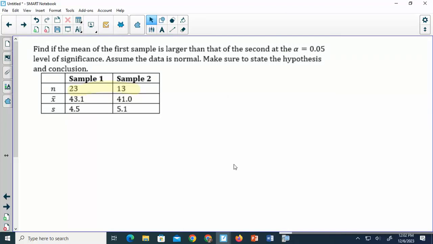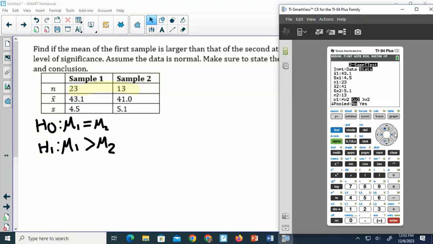Okay, jot that down for me. So then we are testing greater than. Pooled, I've told you, we're just leaving as no on everything.